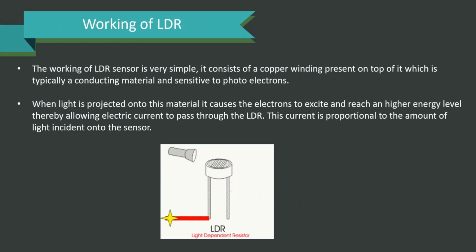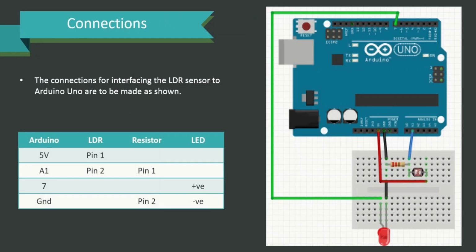When light is projected onto this material, it causes the electrons to excite and reach a higher energy level, thereby allowing the electric current to pass through the LDR. This current is proportional to the amount of light intensity applied onto the sensor. You can see an animation which helps you in understanding the process in front of you. Let's start the interfacing process.